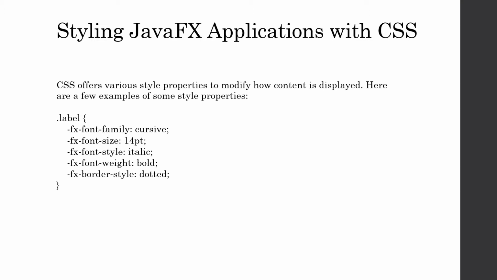So we've got this first one, -fx-font-family. So this is specifying the font family for the text. In this case, we want to specify it as cursive. The next one's going to be -fx-font-size. So this is going to be specifying the font size, essentially how big we want the text to be. So we're specifying the value for this to be 14 points.